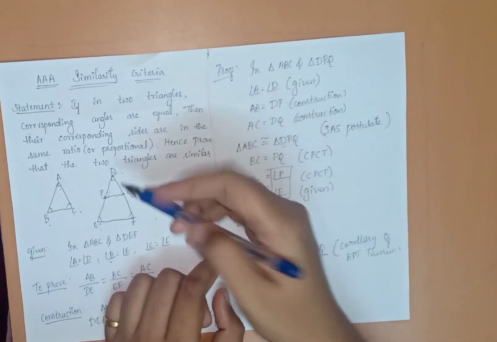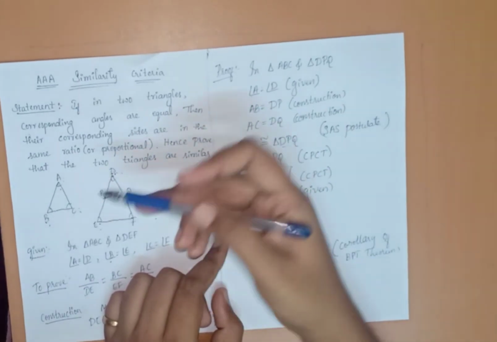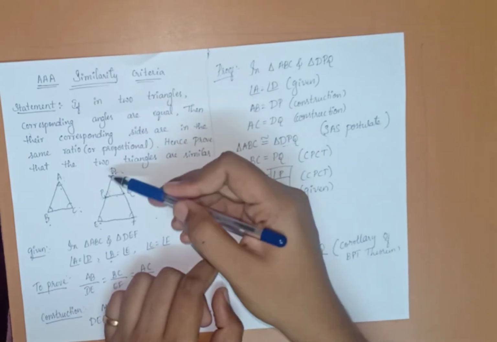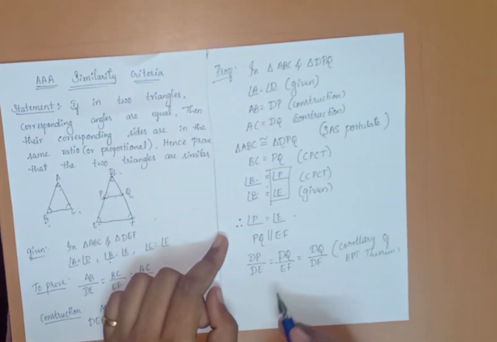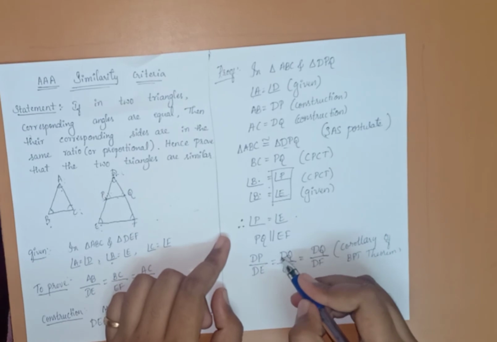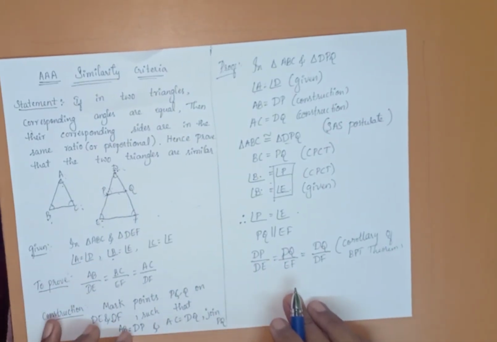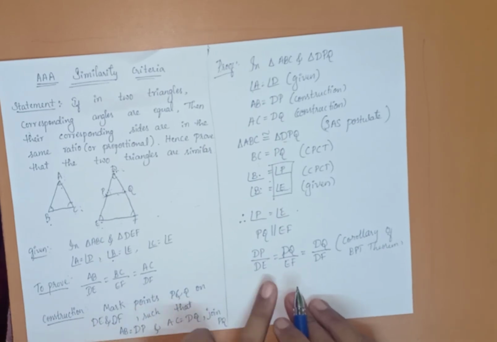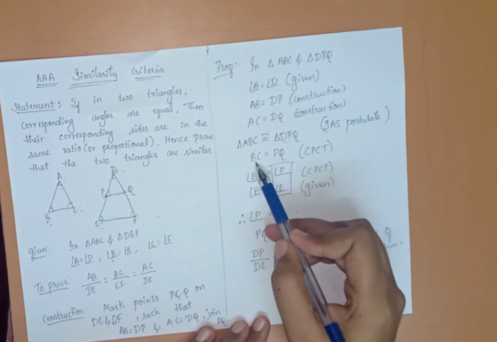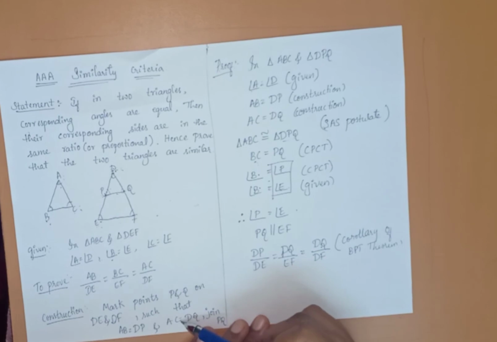In the normal theorem we take DP divided by PE, but in the corollary we take DP divided by DE. Based on that we have taken it here. We know DP is equal to AB by construction, PQ is equal to BC, and DQ is equal to AC.